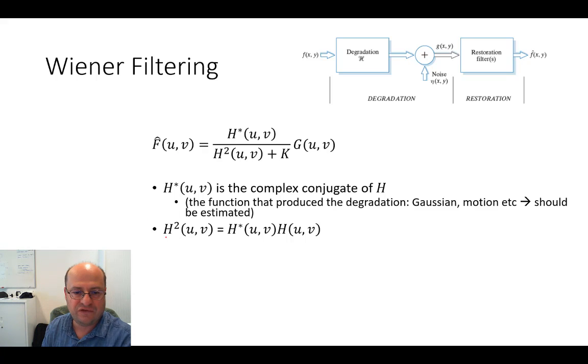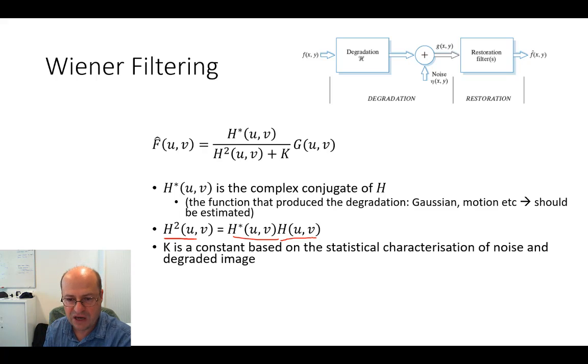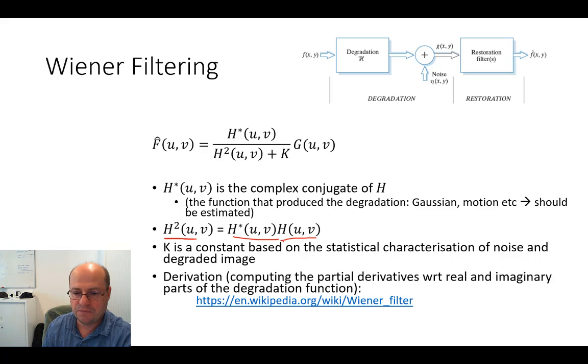The square of the degradation operator is just the conjugate multiplied by the original function, by the function in the frequency domain. K is a constant based on the statistical characterization of noise in the degraded image. The book has a good derivation, but also this Wikipedia page, last time I've seen, is quite good. I recommend it. It's very well explained.